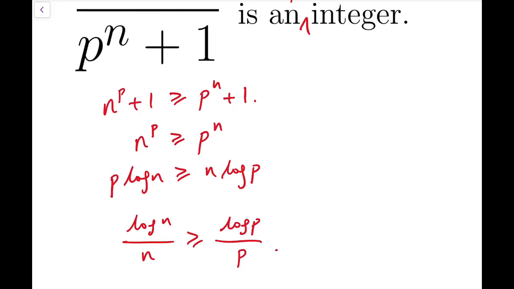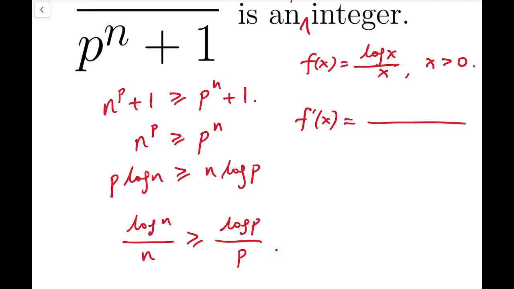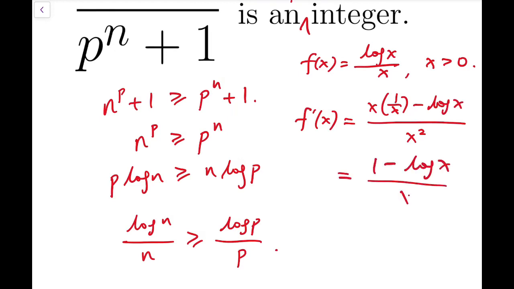Now, given this kind of inequality, I'm going to consider a function which is log x over x, where x is positive. And I'm going to take a look at how this function behaves as x increases. So I'm going to use calculus, the quotient rule: x squared in the denominator, and then x times 1 over x minus log x, over x squared, which is 1 minus log x over x squared.